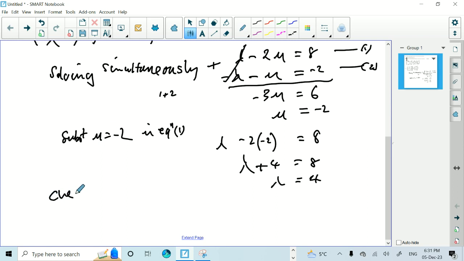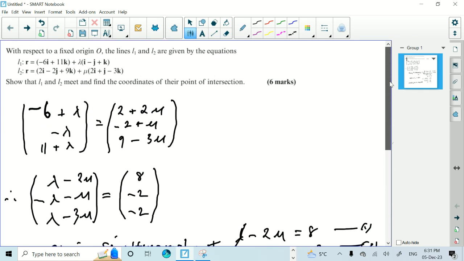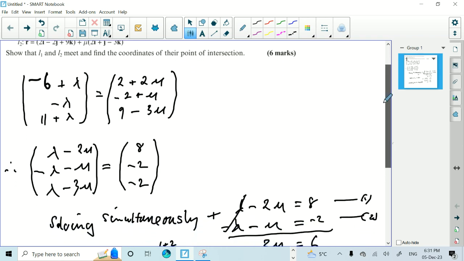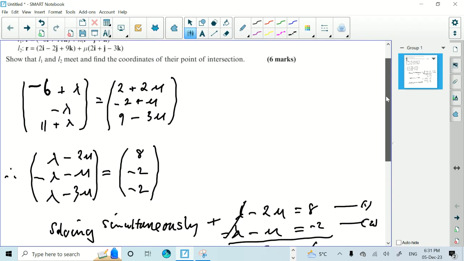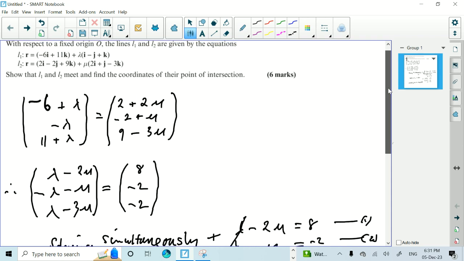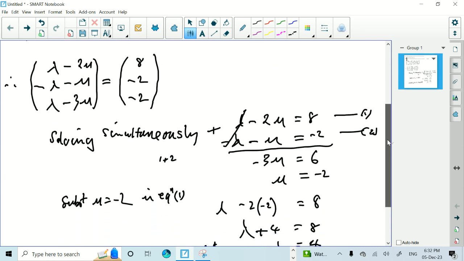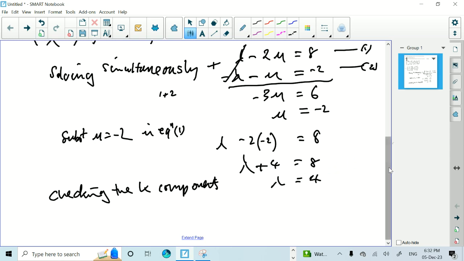Remember, we're in i, j and k components. I go back and look at the question, and the k component is 4 plus 3 mu is equal to negative 2.